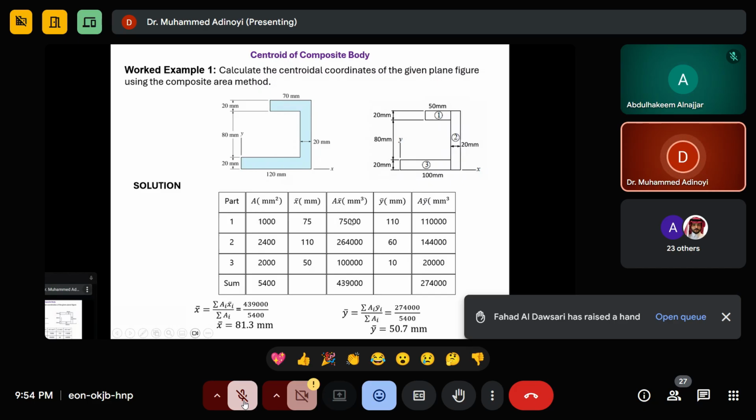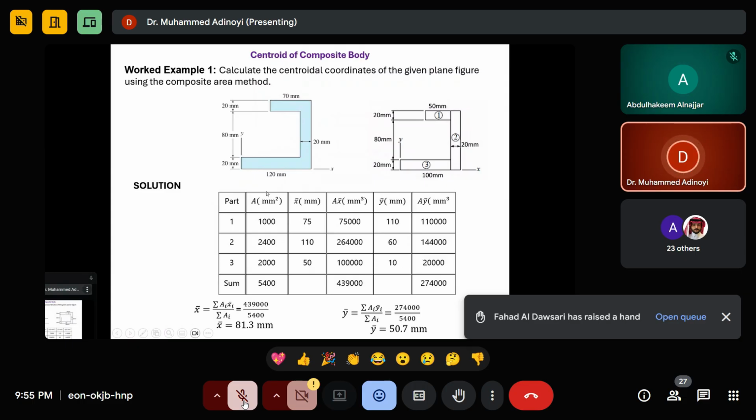Then I'll multiply this by this. The same thing for y: if I want to find the y coordinate, I have to move from here to here. So I move 20 plus this is going to give me 100. This guy is just 10, so 100 plus 10 is going to give me 110. Then I multiply the area by the y bar. The same thing for the second one, the same thing for the third one.